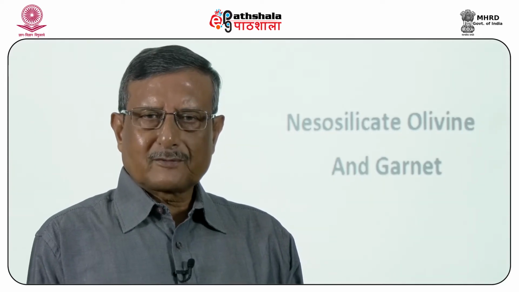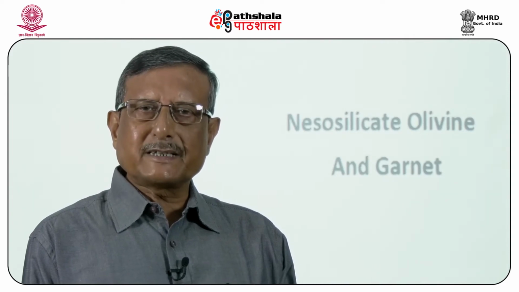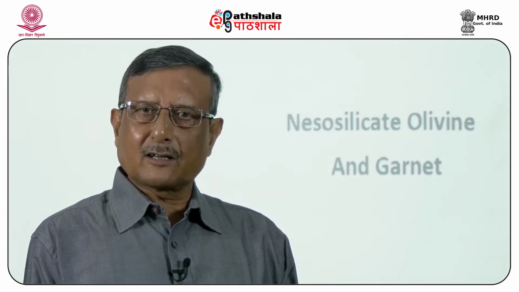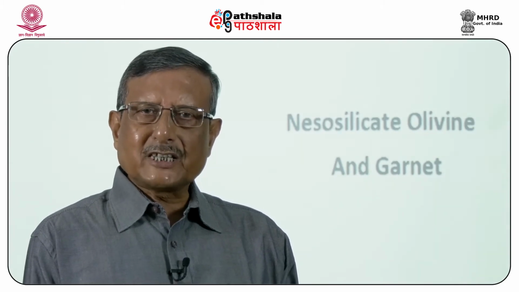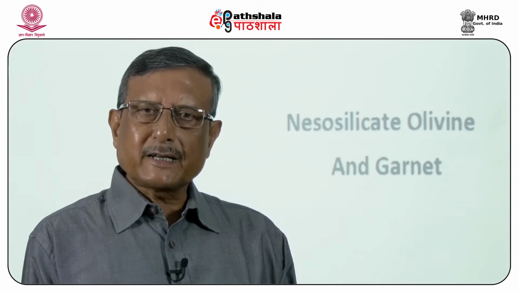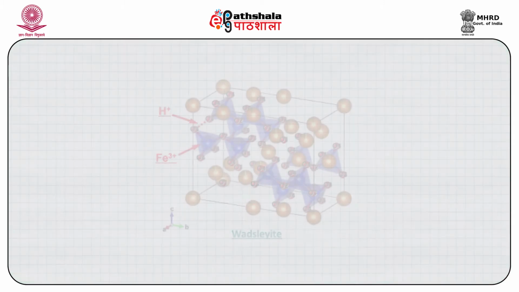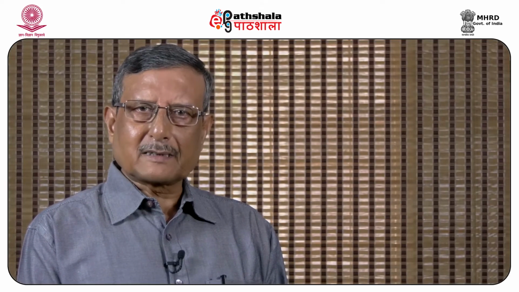For example, at a pressure corresponding to a depth of 410 kilometers within the earth, alpha olivine changes to beta olivine, which also has a formal name, wadsleyite. Wadsleyite is basically a synthetic mineral, but is also found in some meteorites.